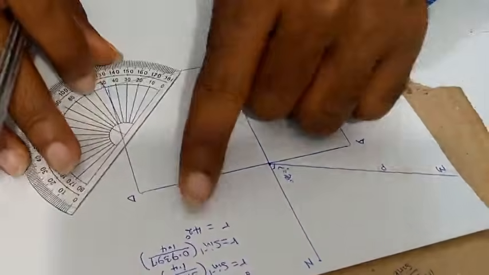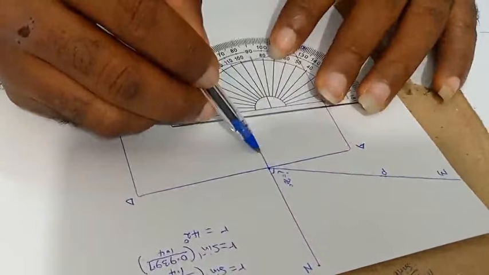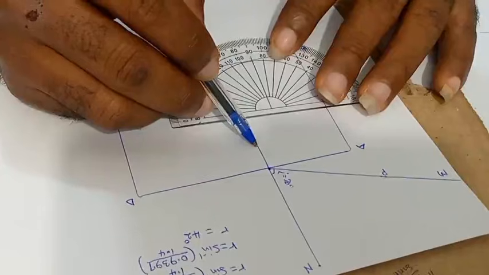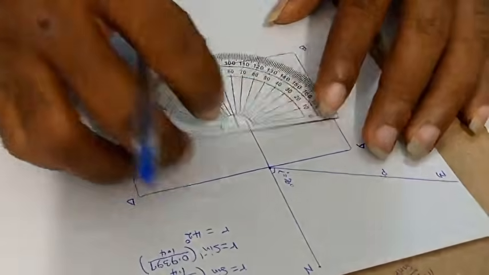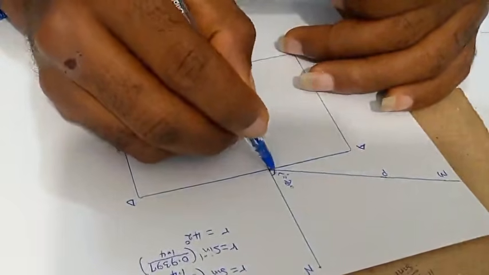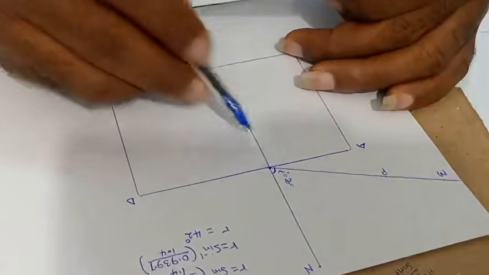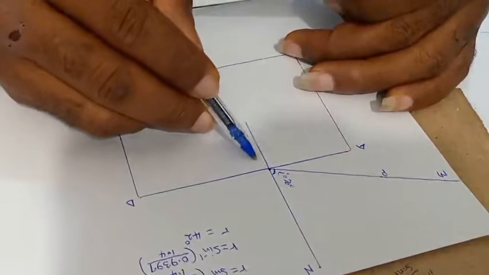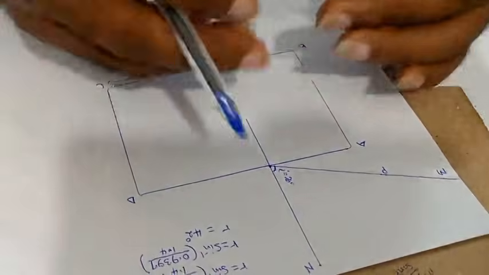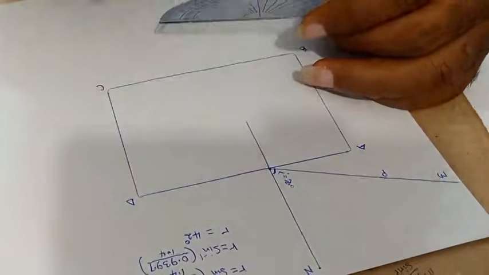Now that I have gotten my angle of refraction, I would now measure the angle of refraction to this normal. How do I do that? The angle of refraction is going to be formed somewhere here, just like you have the angle of incidence. So if maybe I have my refracted ray this way, the angle of refraction will be inside, something like this. Therefore, the angle of refraction is going to be formed at this point of incidence.